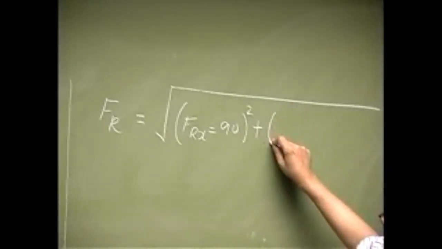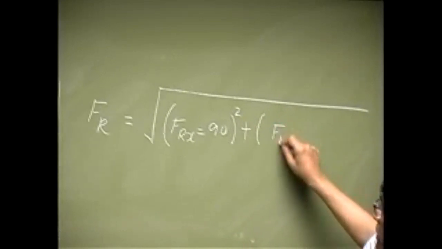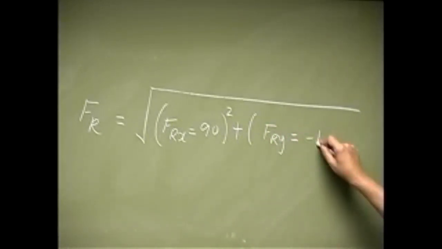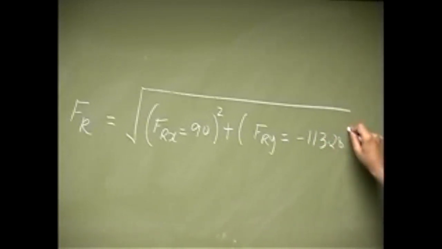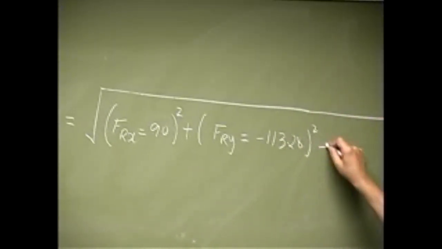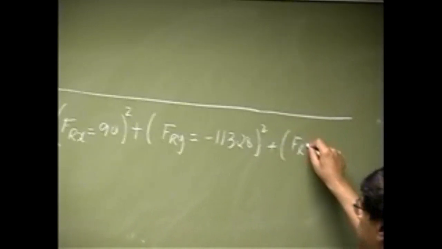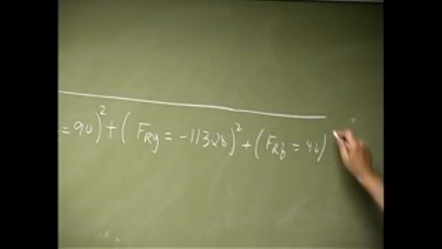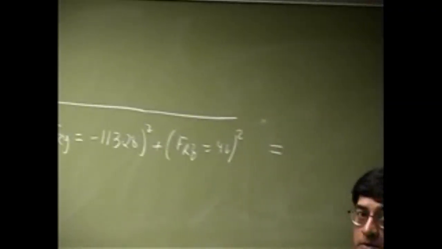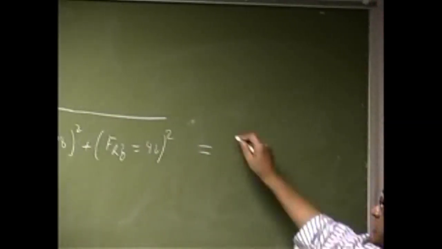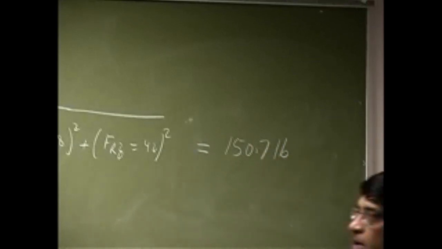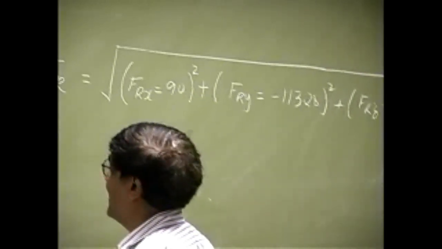Then you take the y component, which is negative 113.28, square that, plus FRz, and that's 42. You square that, and if you go to the actual numbers, this should be close to 150.7 pounds. So that's what you get as the magnitude.